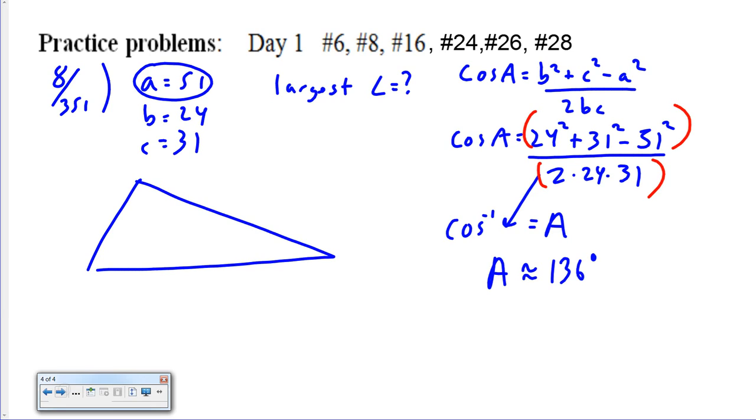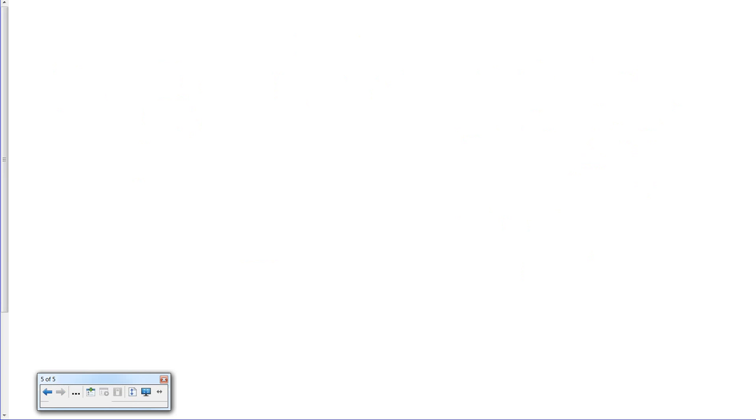Next, I'd like to do one more problem, and that problem is going to be number 24, which is a bearing and a distance. And number 24 reads, and I'm just going to draw it as I read it because, again, you need a real big, nice, clear, accurate drawing to help you solve these.